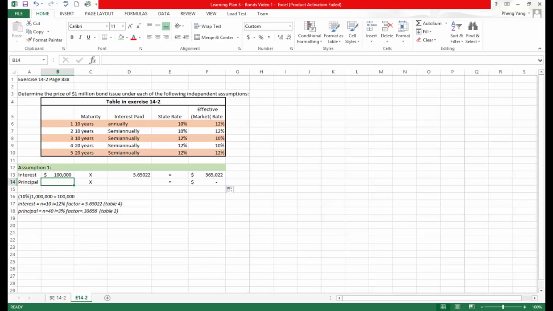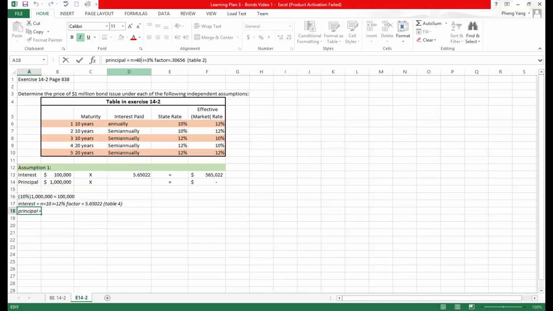Okay, and then for the principal, it's $1 million, which is up here. And our principal number of periods is going to be the same, which is the 10. Then our interest is going to be at 12%.